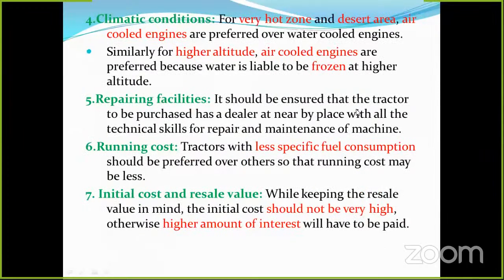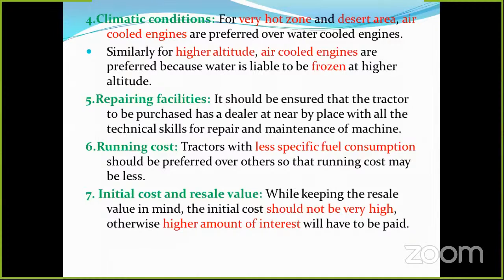Next, climatic conditions. In an engine, a radiator will be there, that is for the water cooling system. Whereas in desert areas like Rajasthan, air cooling systems will be there. Why?